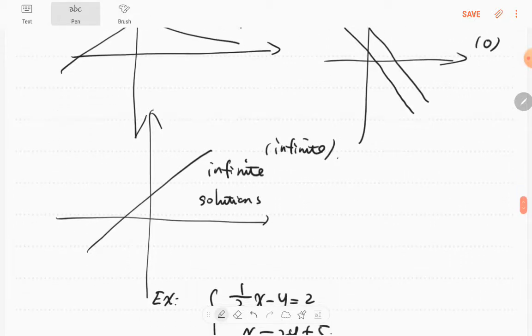Another case is if we switch all the equations to the slope-intercept form, and they are exactly the same one, then we will say they have infinite solutions because they are the same line. All the points on this line will be the solutions. So they have infinite solutions.